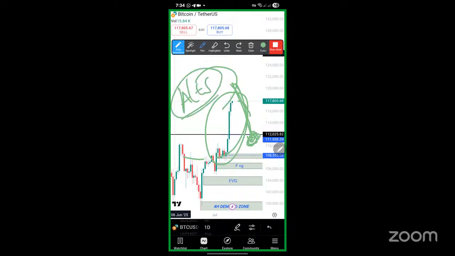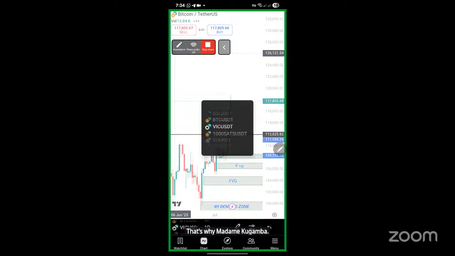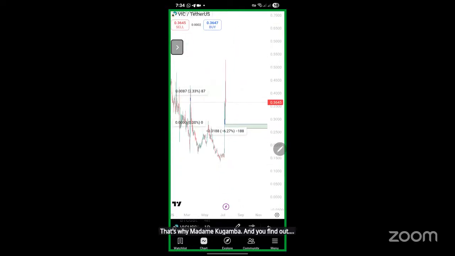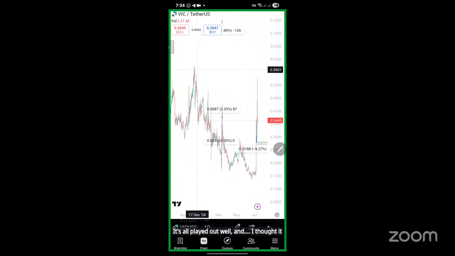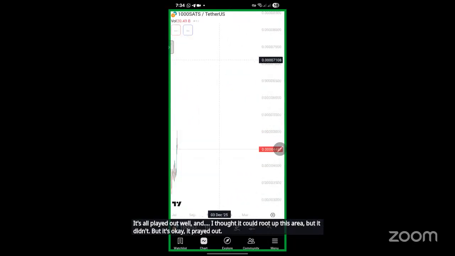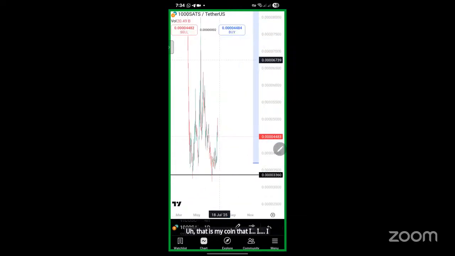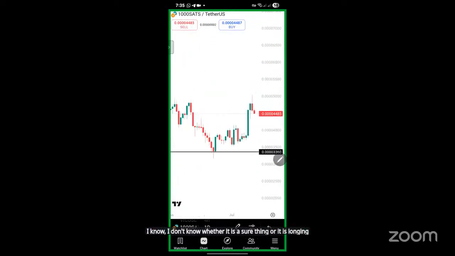That's why I was telling you to go to your coins and you find out this one played out well, and I thought it could tap this area, but it didn't. But it's okay, it played out. There is my coin that I named for shorting here.